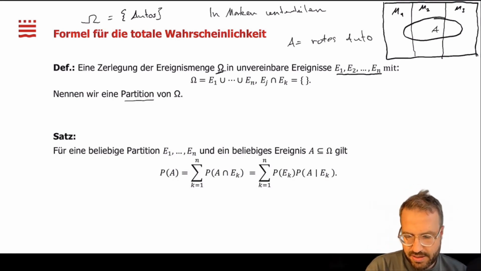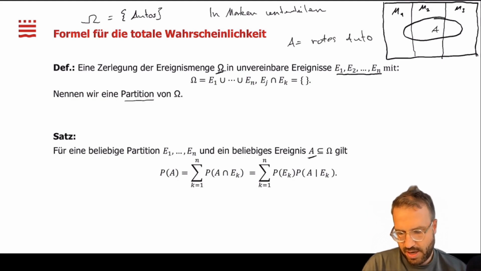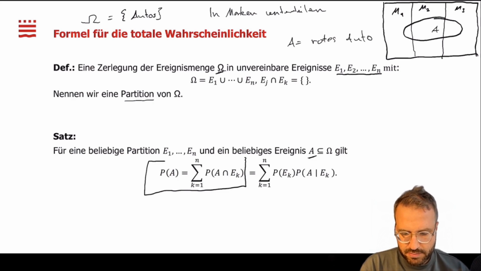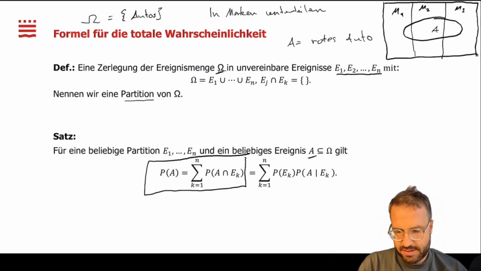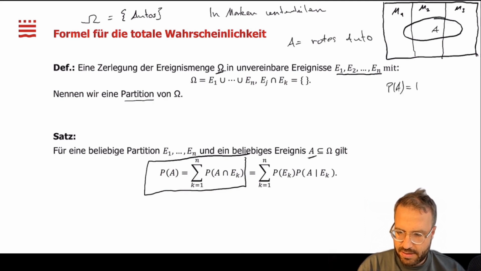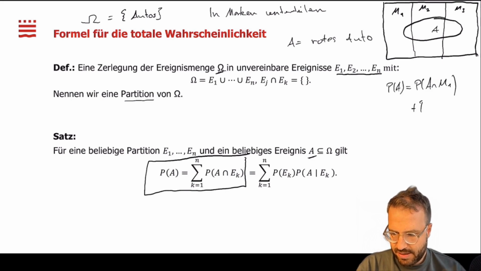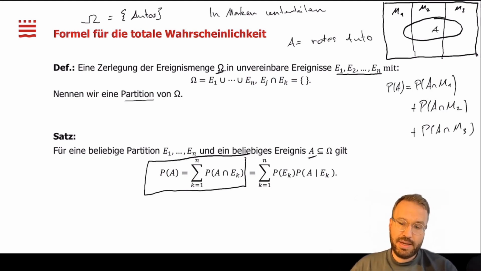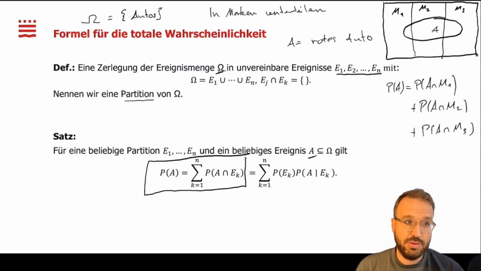So we have our partition and an event, for example, a red car. Now let's take a look at this part here. So in the end, for our example, if we want to calculate P of A, it is simply the sum of P of A intersect E1 plus P of A intersect E2 plus P of A intersect E3. Why? Well, A intersect E1 and A intersect E2 are mutually exclusive.